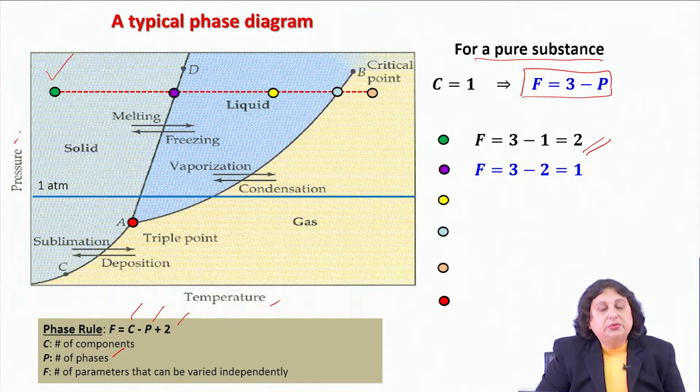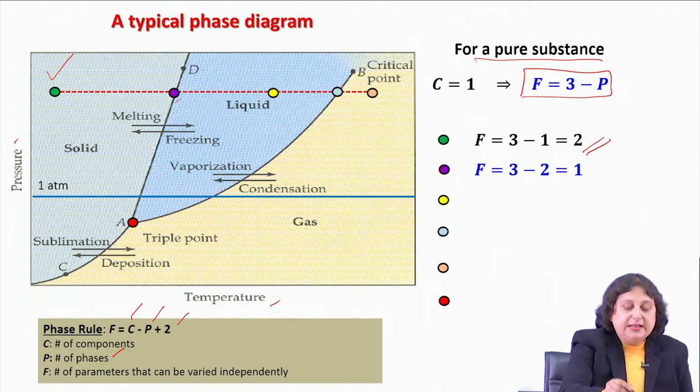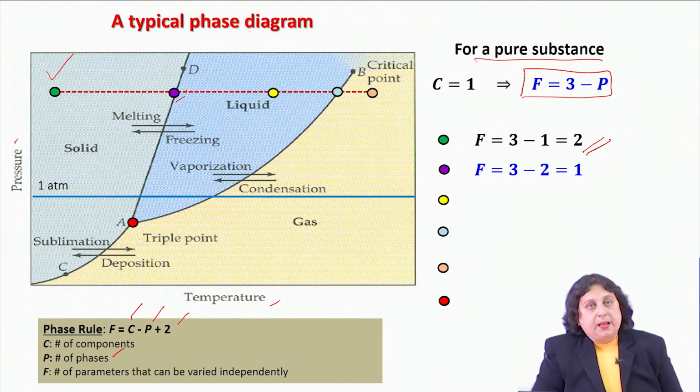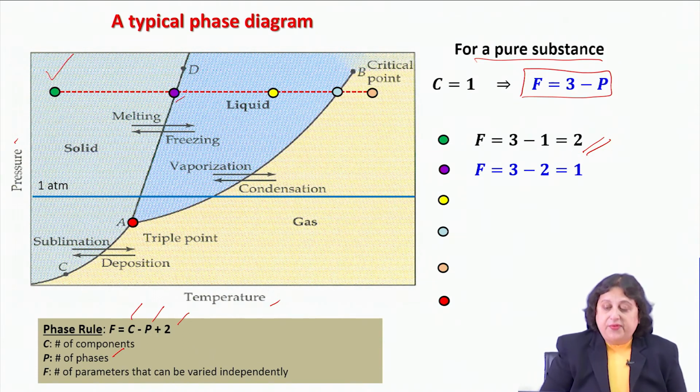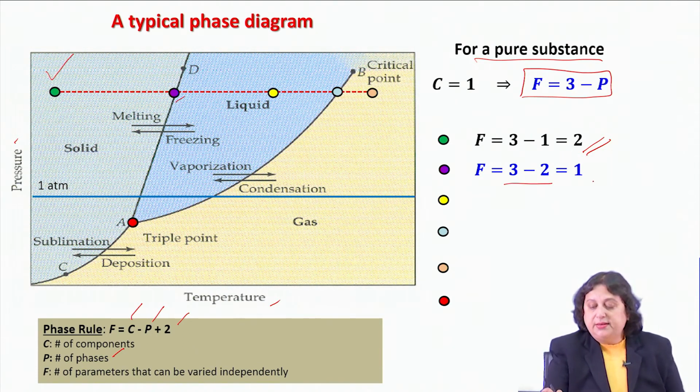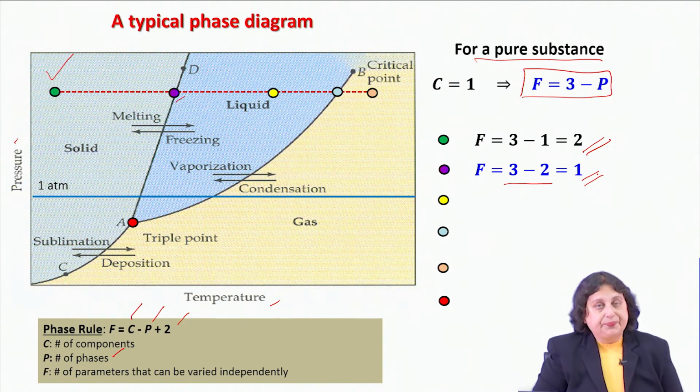Now when I come to the purple point as shown here, I am on the liquid and solid coexistence line, and therefore here I have P equal to 2, because 2 phases coexist in equilibrium. And therefore, F now is going to be 3 minus 2, that is equal to 1.